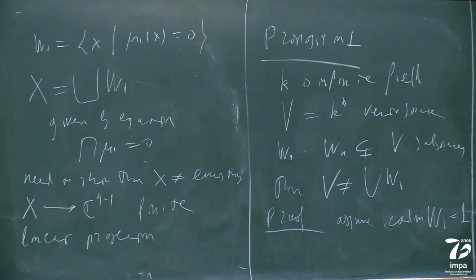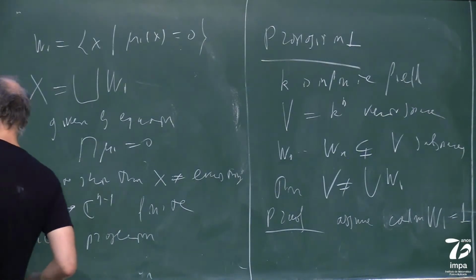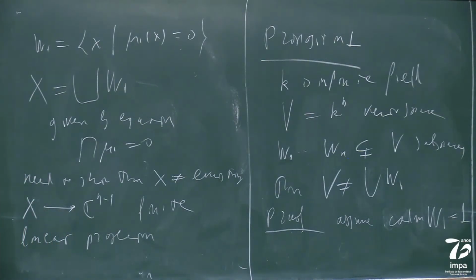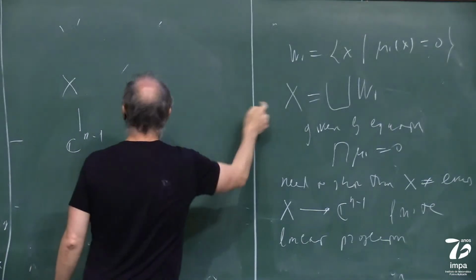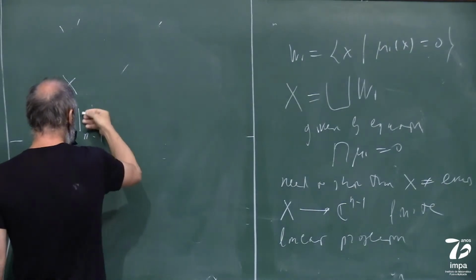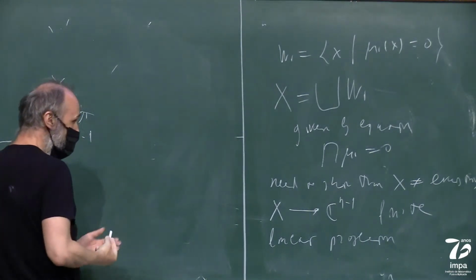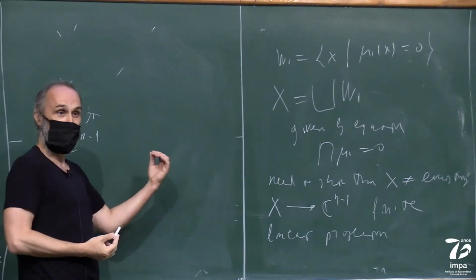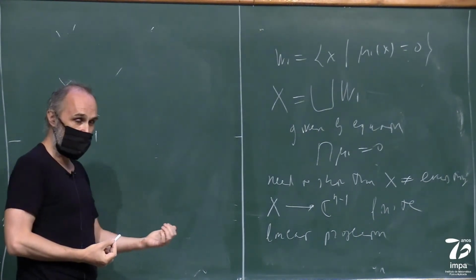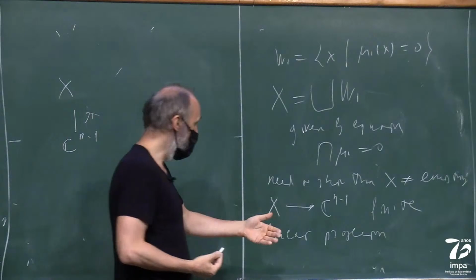Anyway, it's just a linear function, a linear functional which is non-zero on these subspaces. And then you have this projection from X, which is the union of all these guys, to C^(n-1), let's call it pi. And since it's finite, the preimage of a point is finite. But then the preimage of a point is a line, because it's a projection.